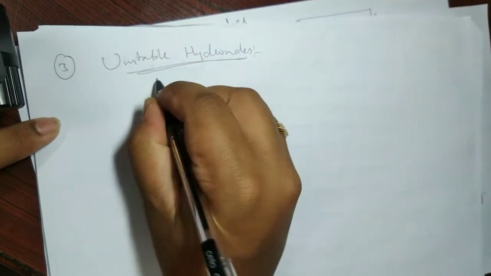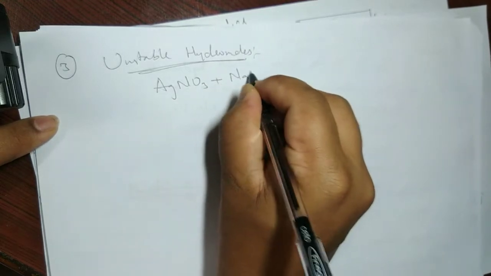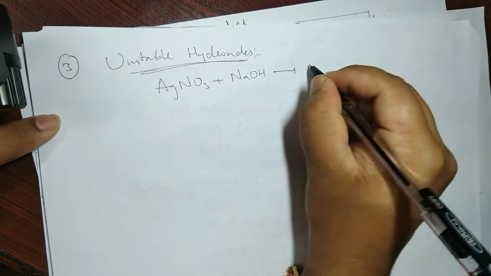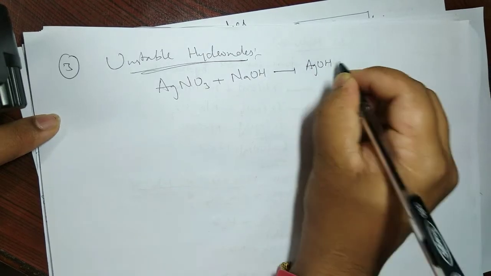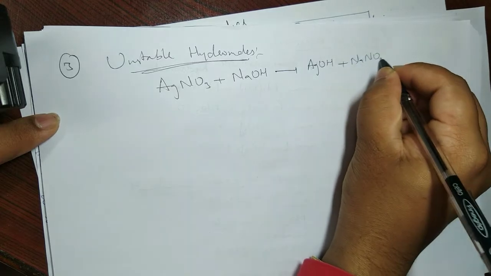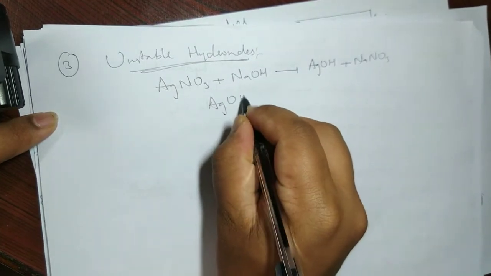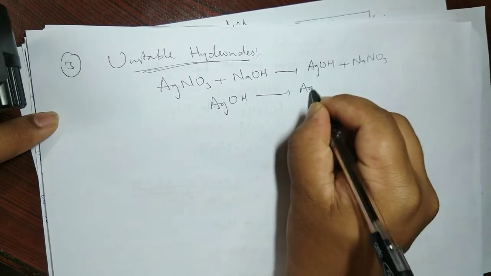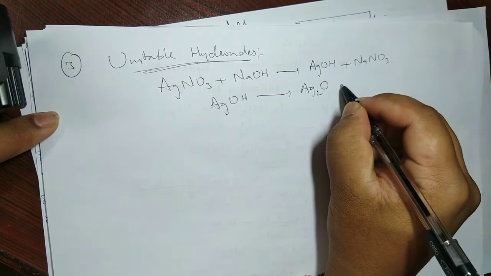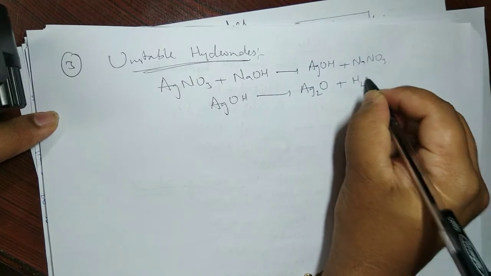So AgNO3, silver nitrate plus NaOH will form silver hydroxide plus sodium nitrate NaNO3, and this AgOH very quickly forms Ag2O and water.